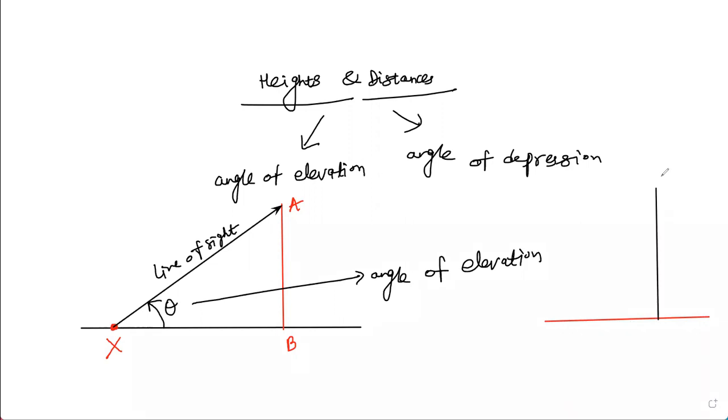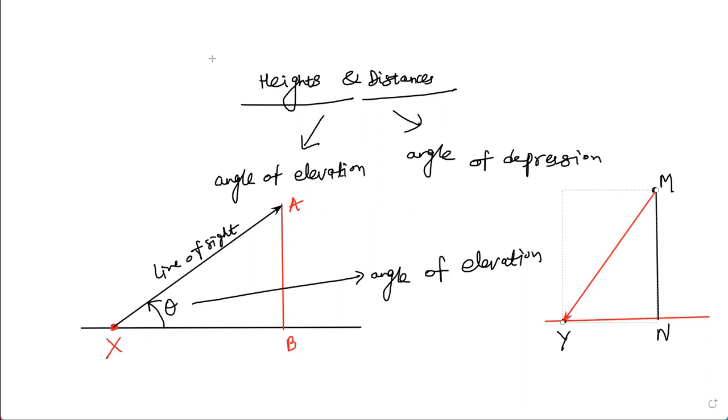Let me name it as MN, and suppose there is an object on the ground level, say Y. Now let us consider that a person is standing on the top of the tower and is watching that object which is on the ground. Then obviously the person is going to watch in this way along this line, downwards.